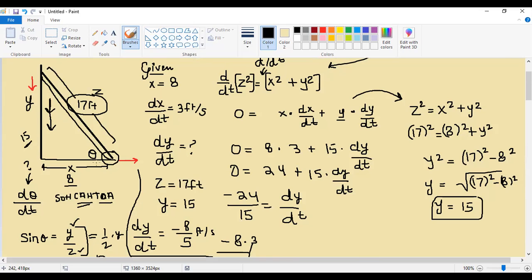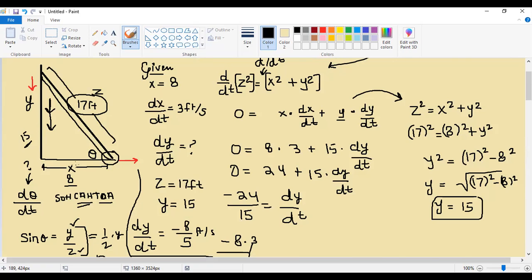The distance from the building to the ladder is going to change as the ladder essentially moves away from the wall, and the distance from the top of the ladder and the ground is also going to decrease. So 15 and 8, these are instantaneous. These are in a particular moment. These are not constants. So we can't take the derivative amongst each other, treating y and x as constants.